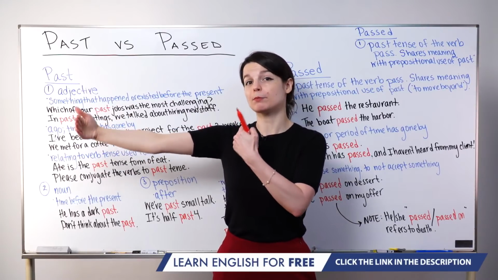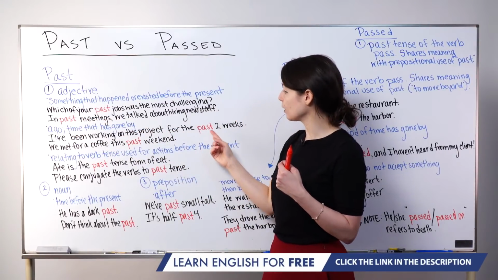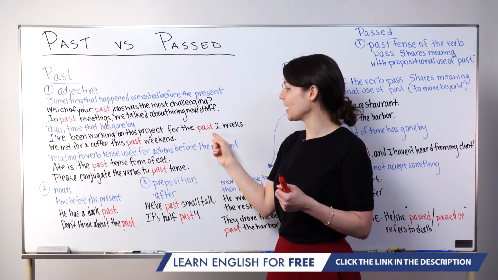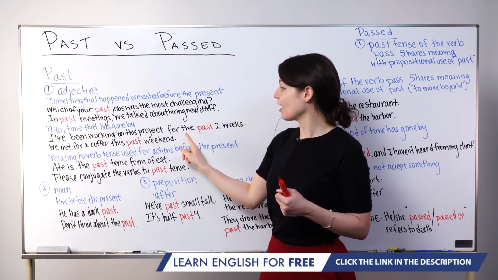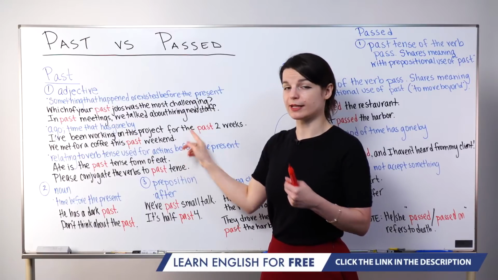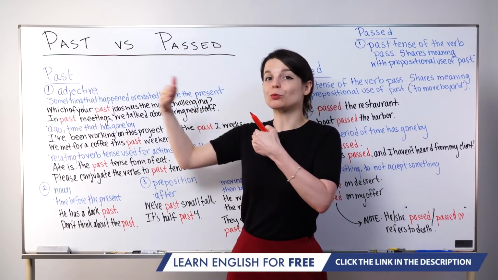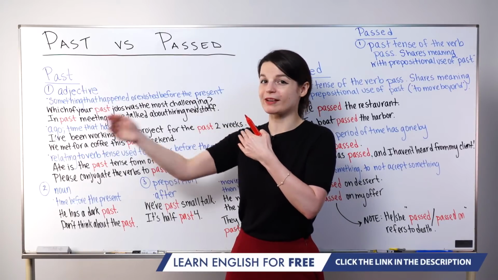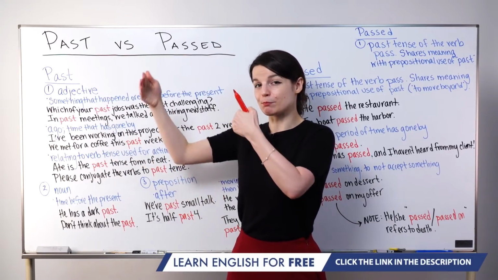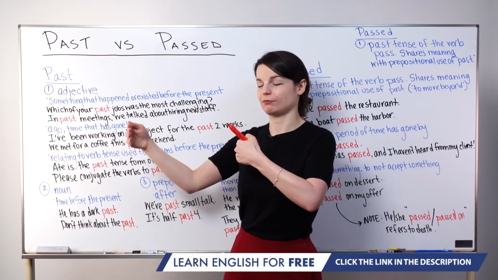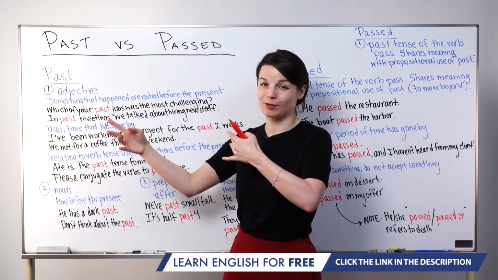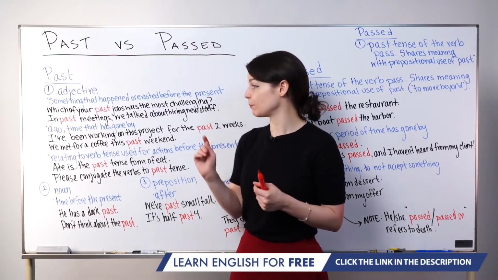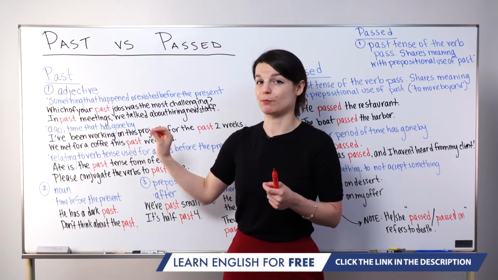The past 2 weeks means the most recent 2 weeks, the past hour, the past week, the past month. That means this most recent time period, whatever that is.